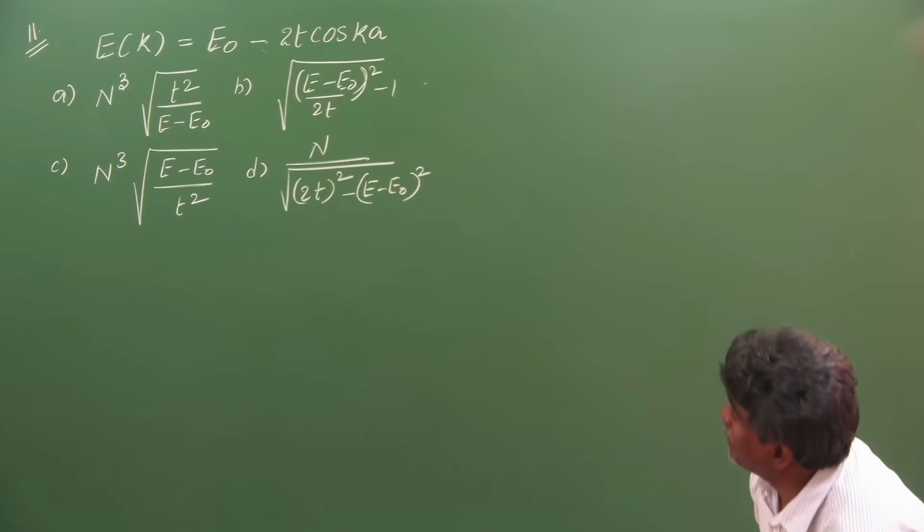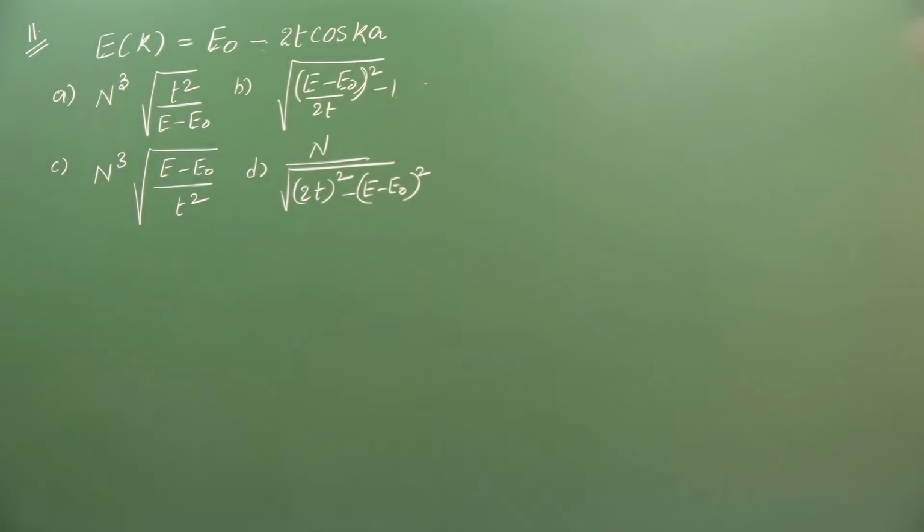So first find dE, then you will get dk. E naught is constant, t is constant.